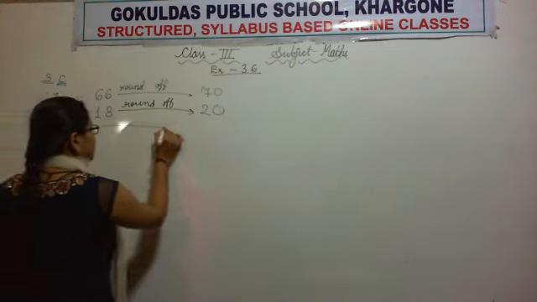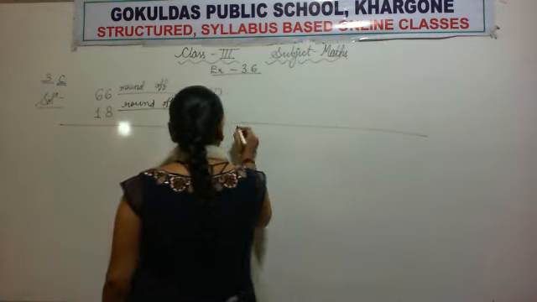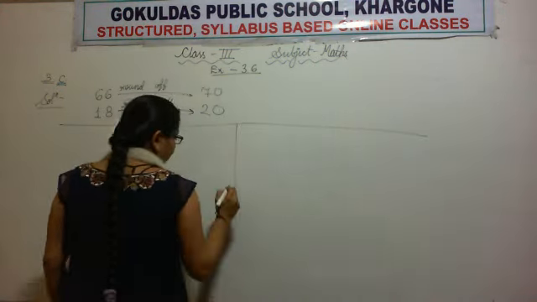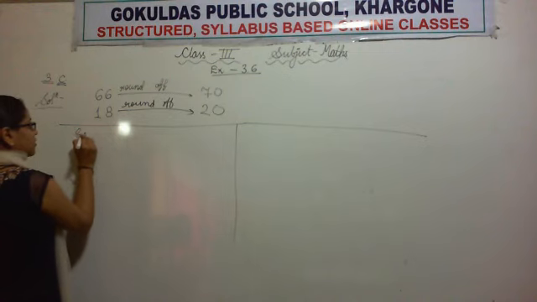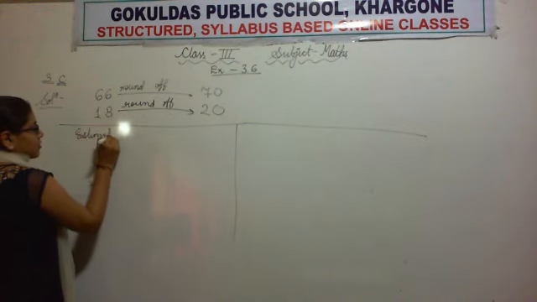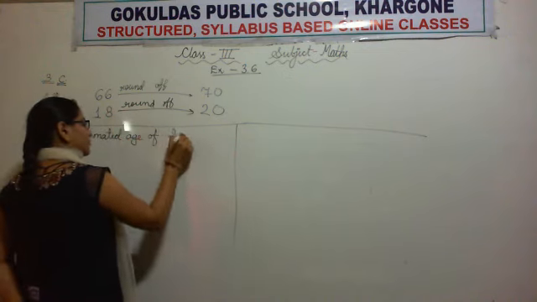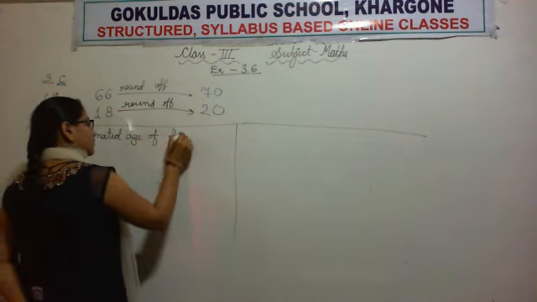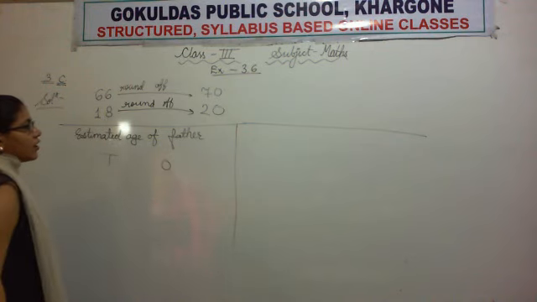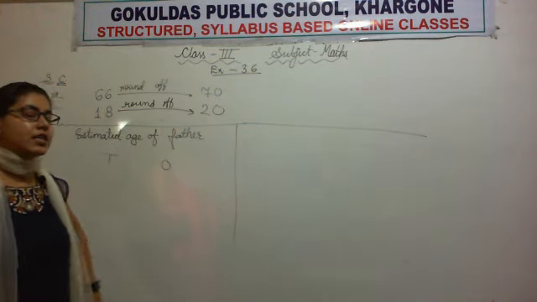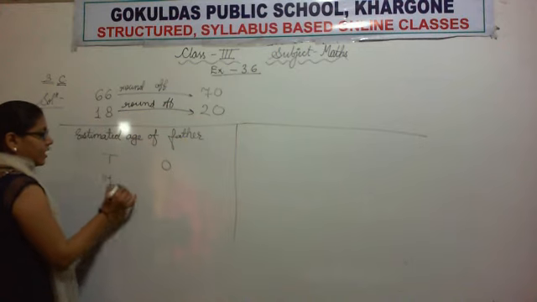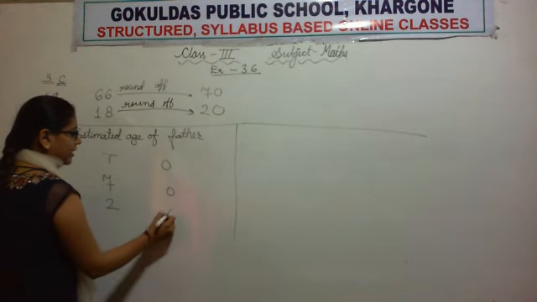Estimated age of father. First of all, we'll find out the estimated age of father. For finding out the estimated age, we will take the estimated numbers, that is 70 and 20.